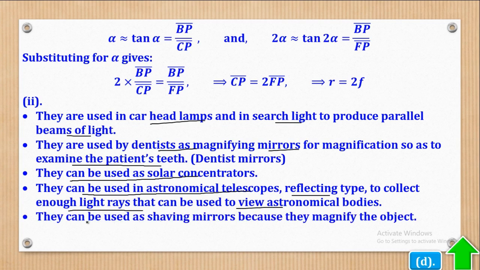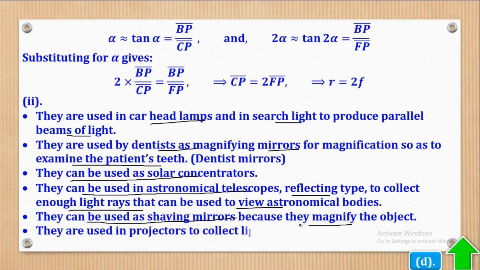The next we shall say that they can be used as shaving mirrors because they magnify the object. The next we shall say that they are used in projectors to collect light that would be lost.